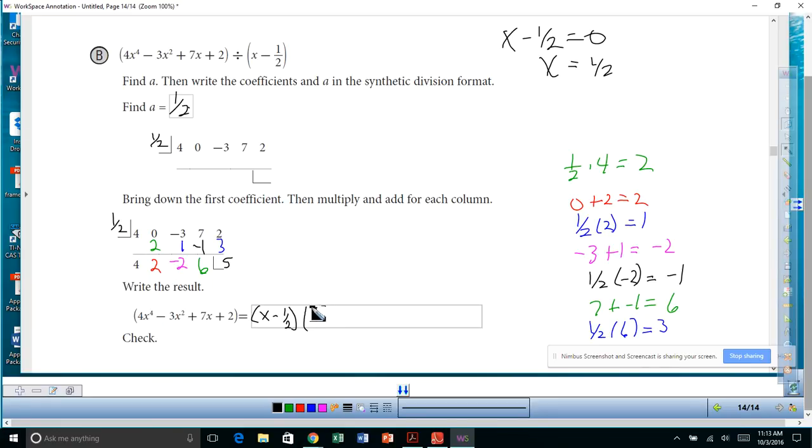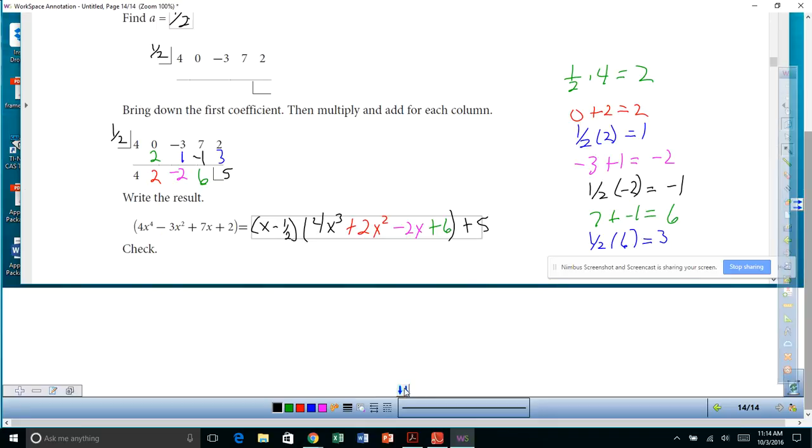Well, we got 4, and we divided out an x, so we got 4x cubed plus 2x squared minus 2x plus 6. And then let's put all of that in parentheses. And then we've got plus 5, and that's our remainder. Plus 5 is our remainder.